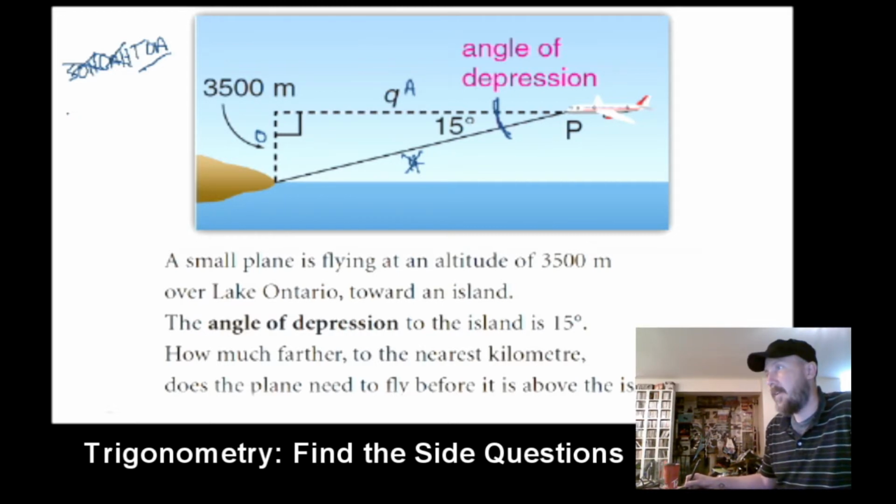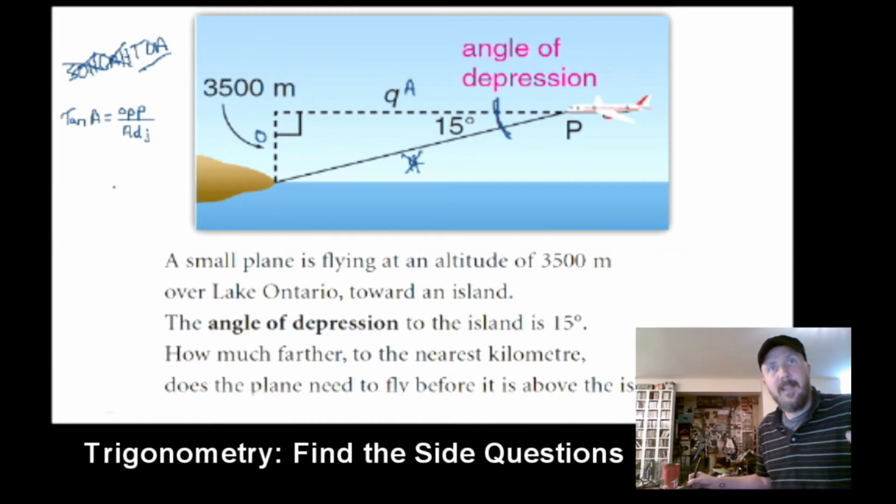So let's set it up here. We've got that ratio. It's been a bit since we've seen it, so I'll write it. Tan of my angle is the opposite over the adjacent. So I'm just going to sub everything in exactly how you would think.